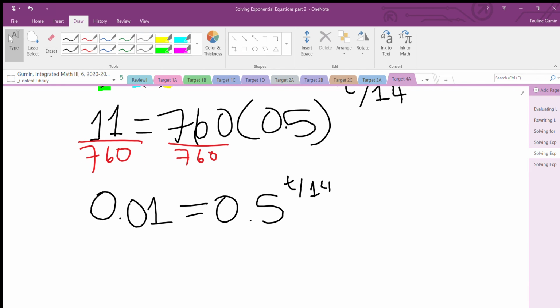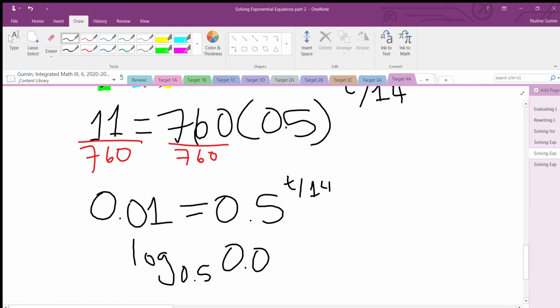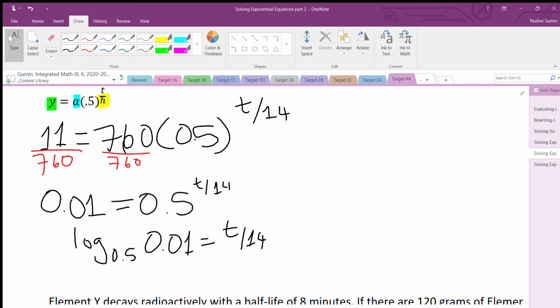Now that I have an unknown in my exponent, I'm going to turn it into a logarithm. So I have log base 1/2 of 0.01 equals t over 14. Before I get t by itself, I'm going to put log base 1/2 of 0.01 into my calculator. And again, I'm rounding. I got about 6.6.